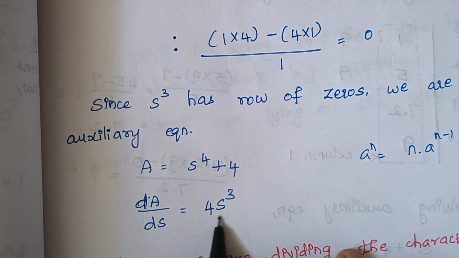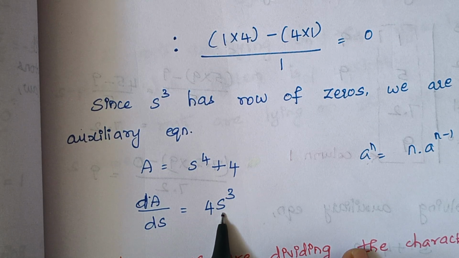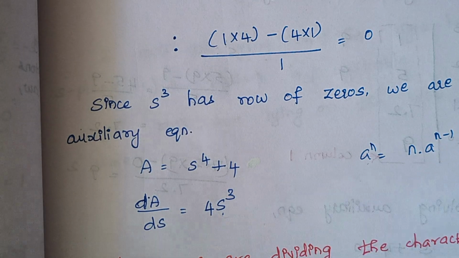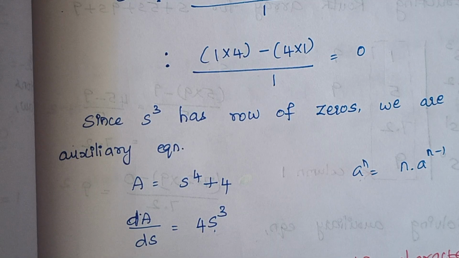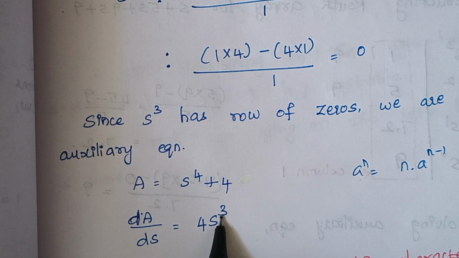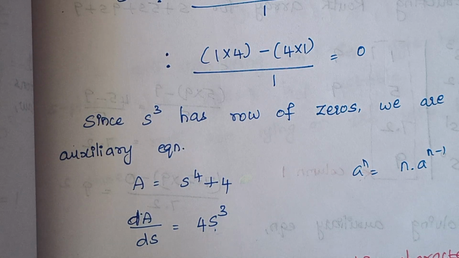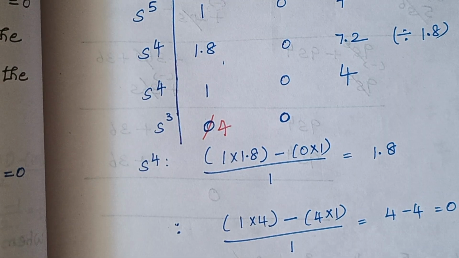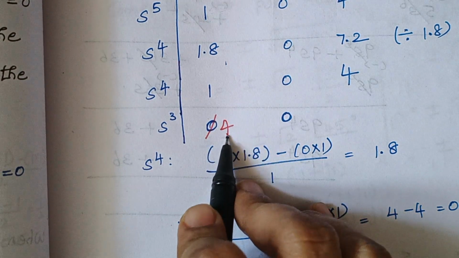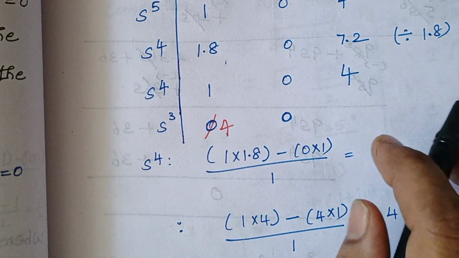Now we are going to replace the row of zeros by the values present here. Here we have only 4s cube, that is only one term. The s cube coefficient is 4, right? So here I had simply replaced 0 by 4 because there are no more terms here.